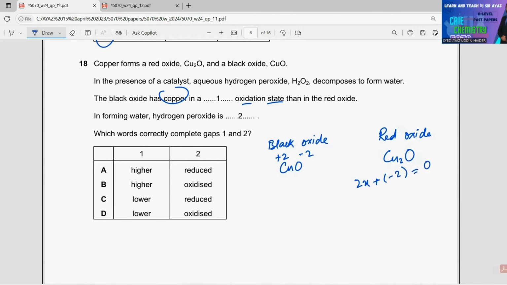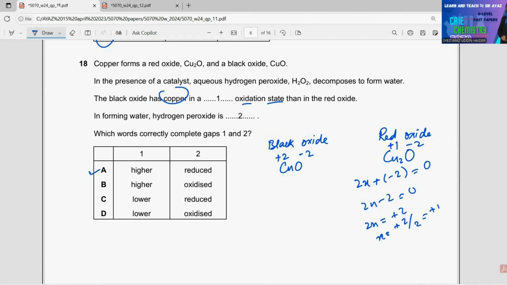Overall, there is no charge, so I will write 0. 2X minus 2 is equal to 0, or 2X is equal to +2, or X is equal to +2 by 2, which gives +1. So the oxidation state of copper in red oxide is +1. So the black oxide has copper in a higher oxidation state than in red oxide.